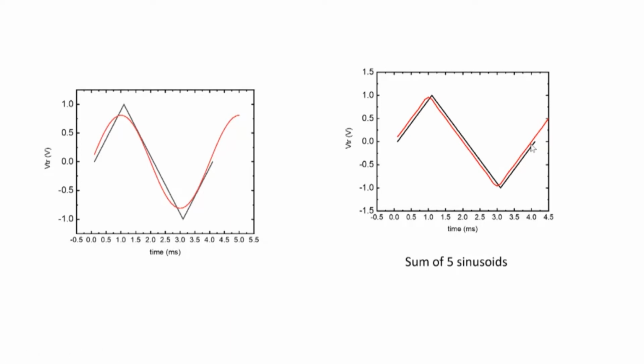So the point is that even if these signals are not sinusoidal, we can express them as a sum of sinusoids. And we've been talking of linear circuits. So note that if you have a sum of 5 sinusoids, and you evaluate the response due to each sinusoid individually, you can sum them up, and thereby you can get the final response to the triangular wave.